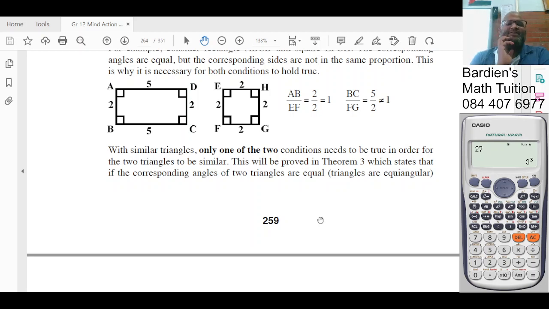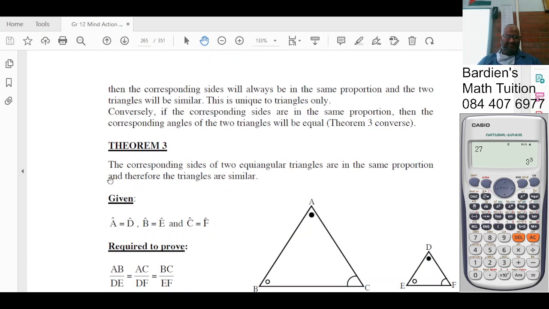In a triangle, if the corresponding angles are equal, then the sides have to be in proportion. That is the condition for triangles only. With squares or pentagons and so on, it's not going to work. With a triangle, if the corresponding angles are equal, the sides are in proportion. If the sides are in proportion, then the angles are equal, or equiangular. Okay.